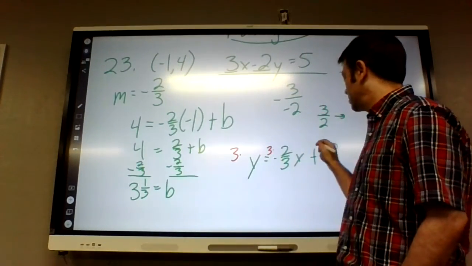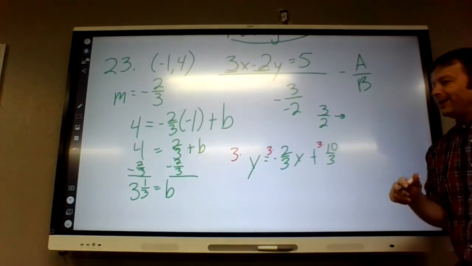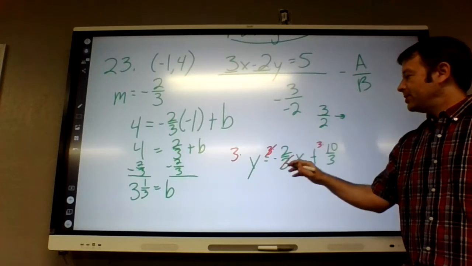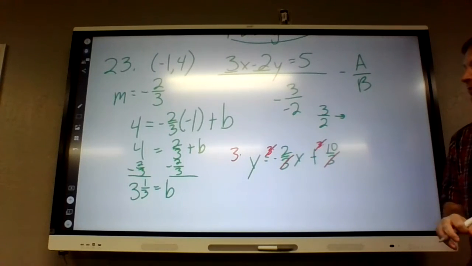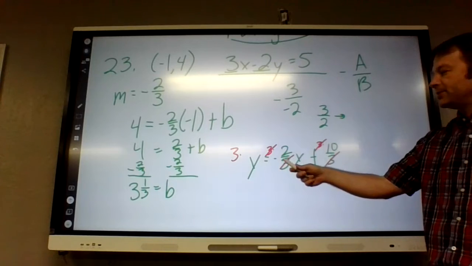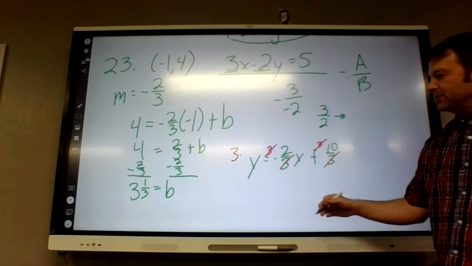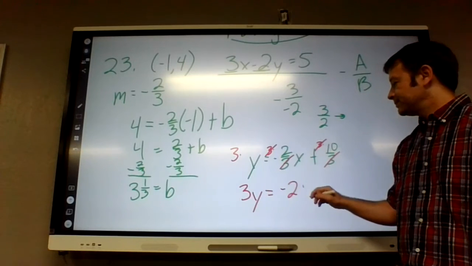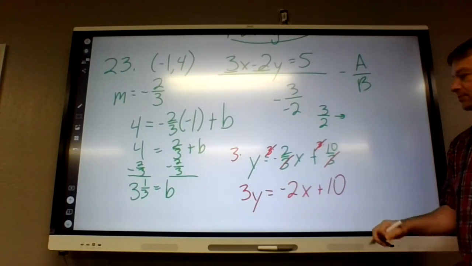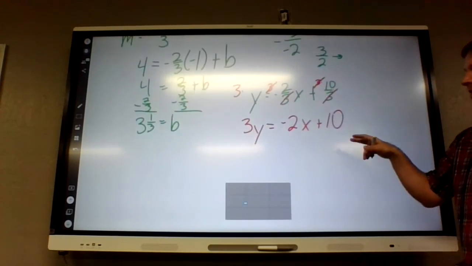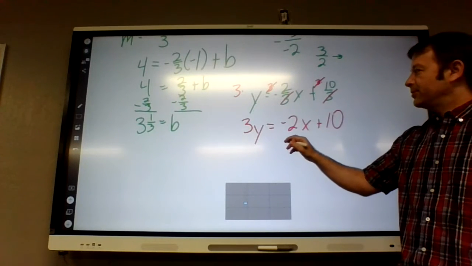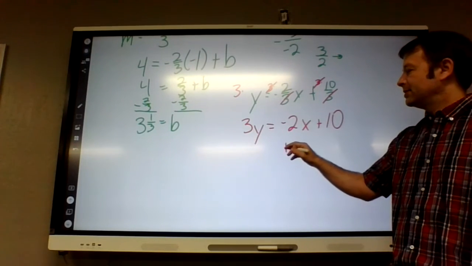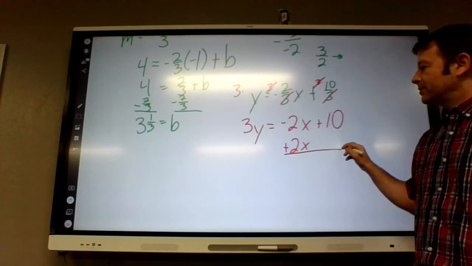They just cancel out. That's why we do it, to get rid of the fraction. The x's are on the wrong side, so I'm going to add the 2x over.